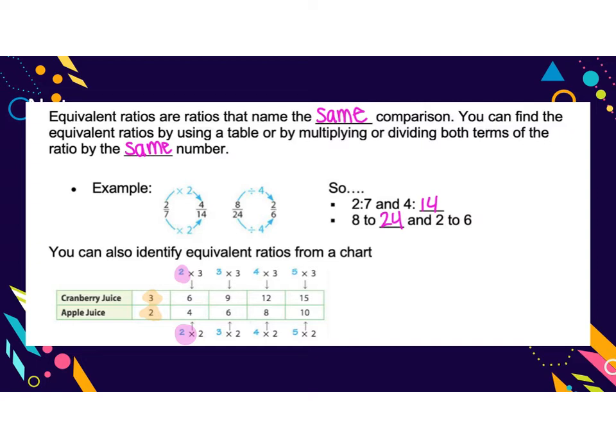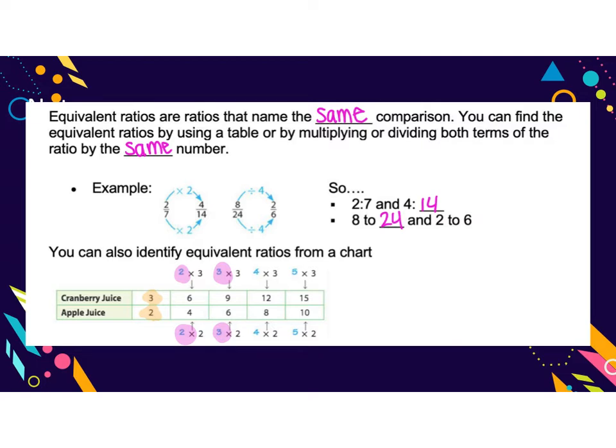If we were to multiply our original ratio, 3/2, by 3 on top and bottom, we would get 9/6. The ratio 9 to 6 and the ratio 3 to 2 are equivalent ratios.